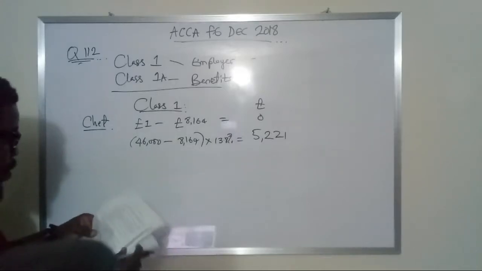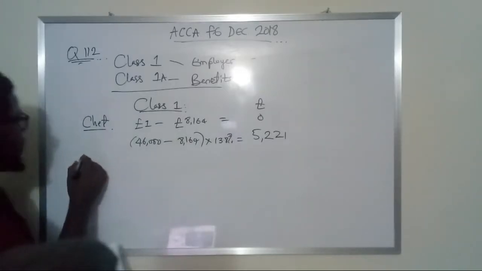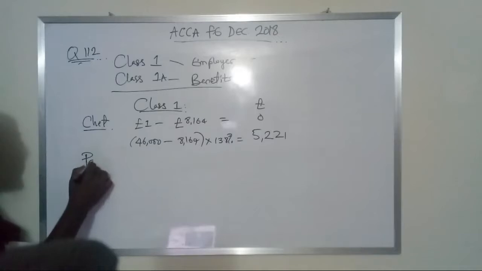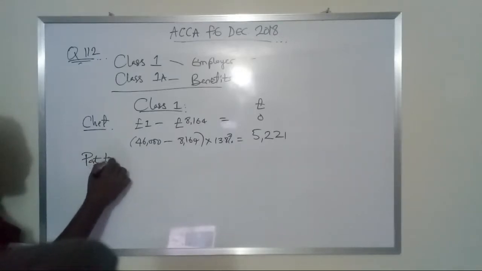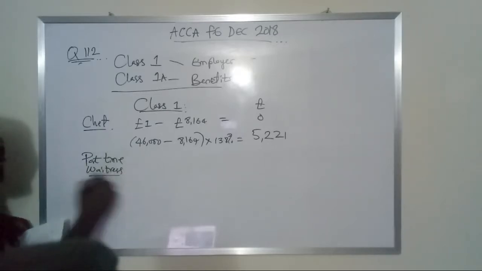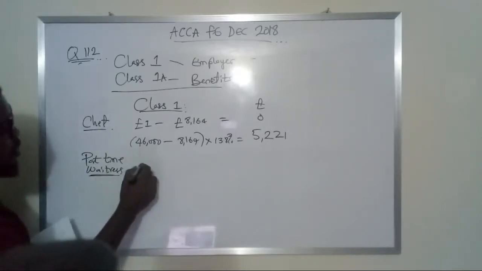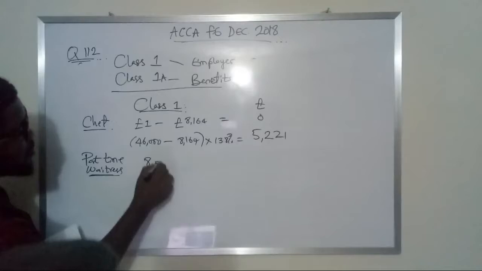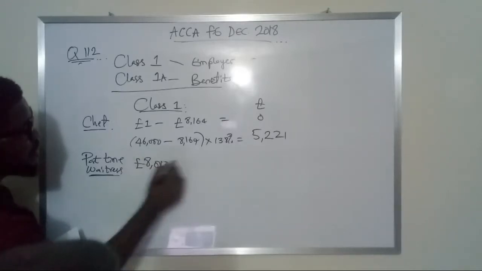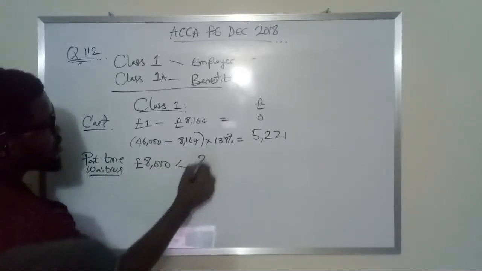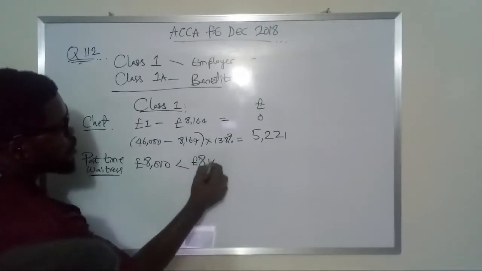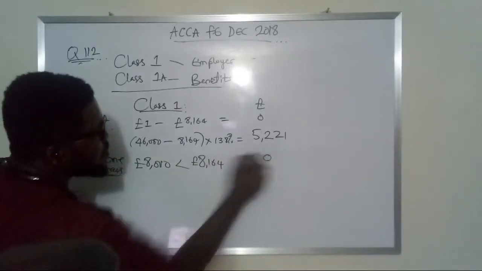So for the part-time waitress, 8,000 is less than this, so the assessment will be 0.